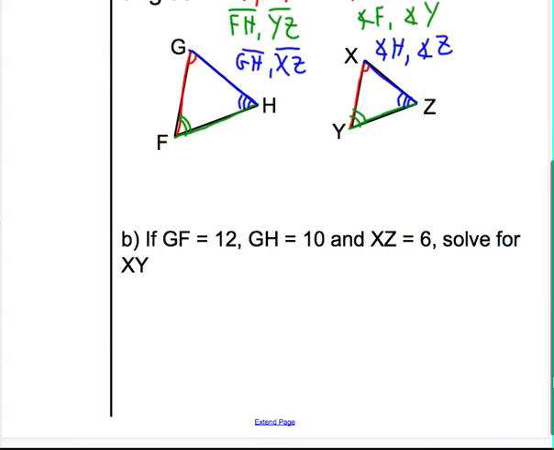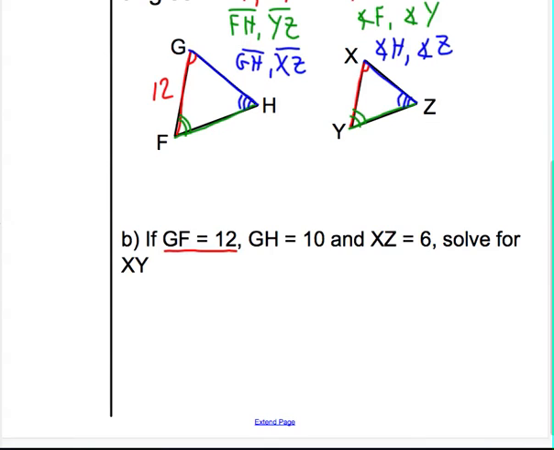The second piece of information we're looking for is if we know the length of some of the sides, how can we solve for a missing side? Again, this only works with similar figures, so if we weren't told they were similar, we wouldn't be able to set this up. So taking a look, we've got GF, we know is 12, so I'm going to label 12 on that side in my triangle.